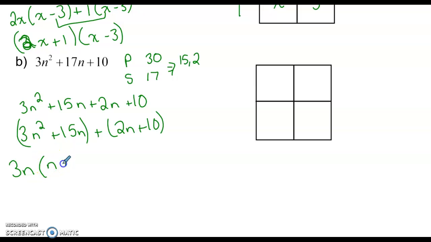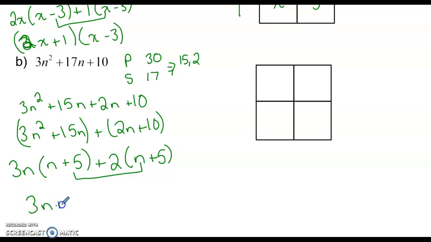That gives me n plus 5 left over when I take out the common factor. And here the only thing I have in common is a 2. But when I take that out, look, I have my n plus 5 in common. So my answer would be 3n plus 2 times n plus 5.